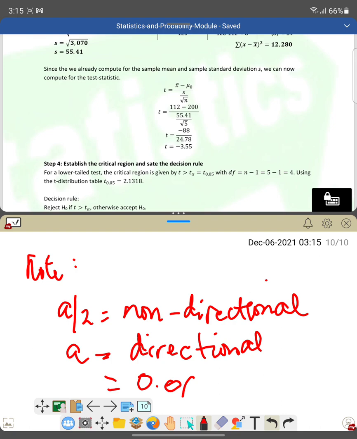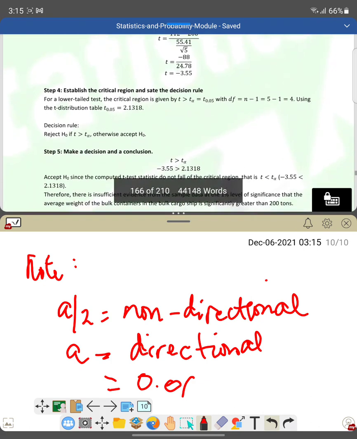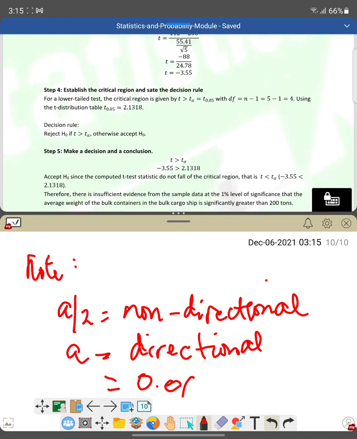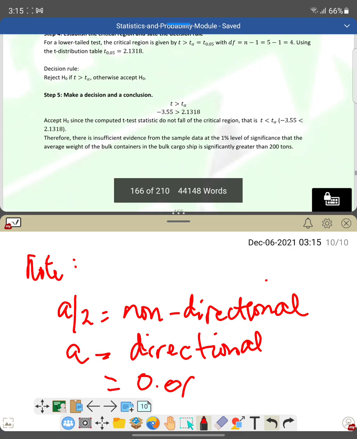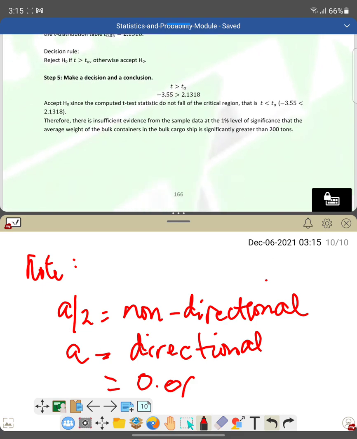Same process. I hope you already know also how to use your t-table. So reject if your computed value is beyond your t value, which is your critical region. Otherwise, accept.